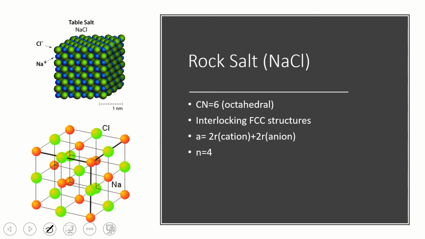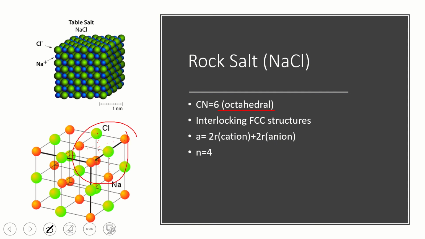One that's very well known is the rock salt crystal structure, which is also called the NaCl crystal structure. For this one, the coordination number is 6, which, as we've seen in the previous slide, is an octahedral geometry. If we take a look here, we can clearly see the octahedral geometry right here.